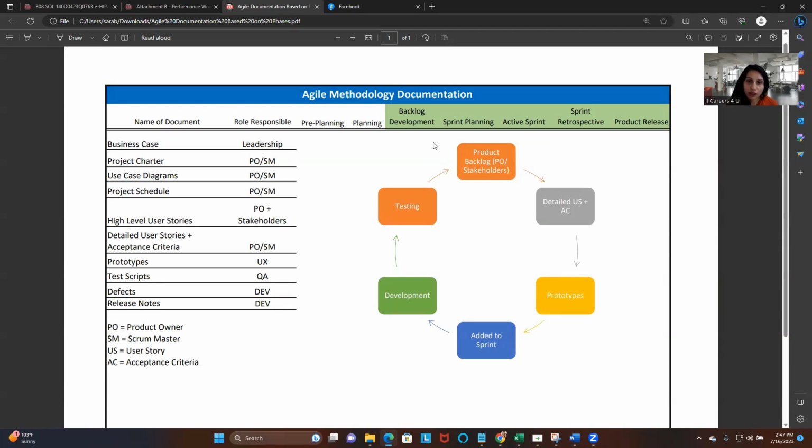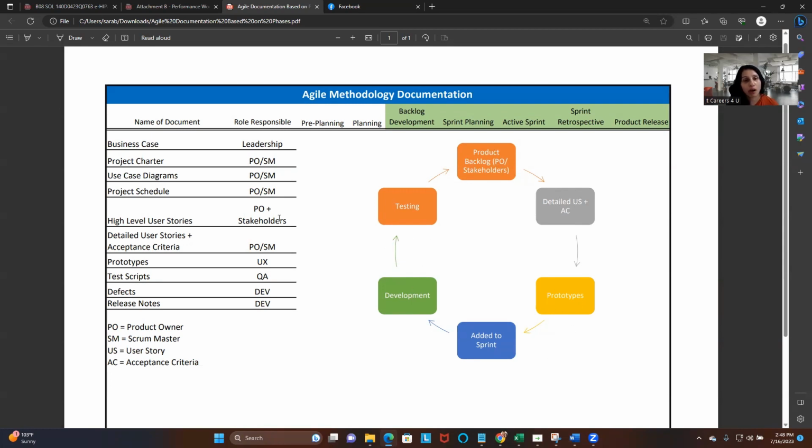So generally, this is a process that we follow. We have a product backlog, and then stakeholders. We have detailed user stories plus acceptance criteria. We have prototypes, we add them to the sprint, development begins, and then testing. So this is a cycle that kind of repeats itself.